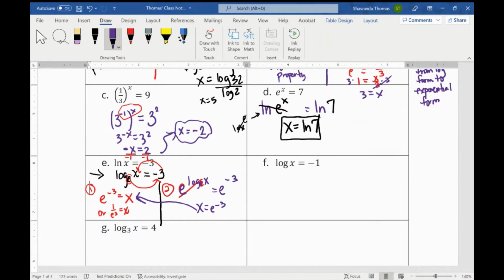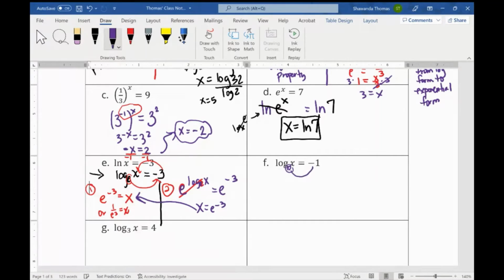Let's try F. You have log of x equals -10. Now, what is the base if it's a common logarithm? The common logarithm's base is 10, so this is understood as a 10 if you don't see a base. Now you could just change it to exponential form.